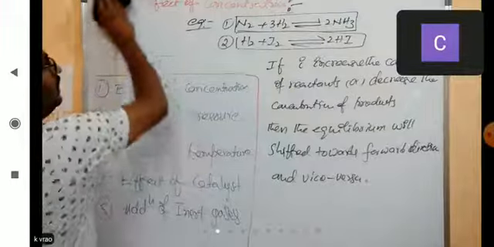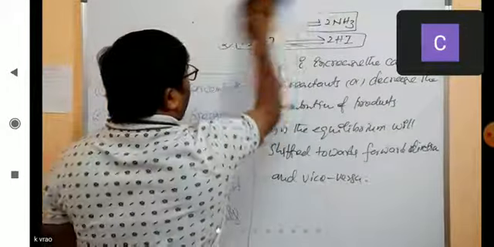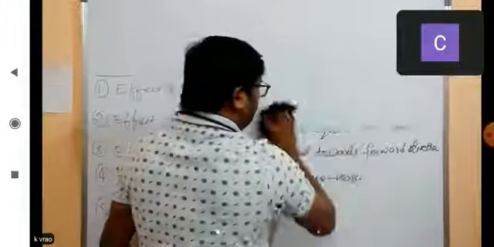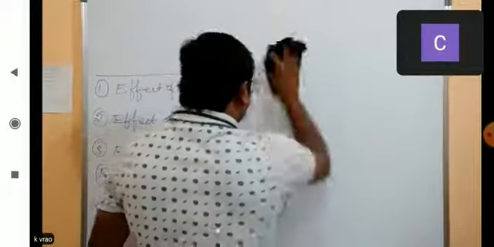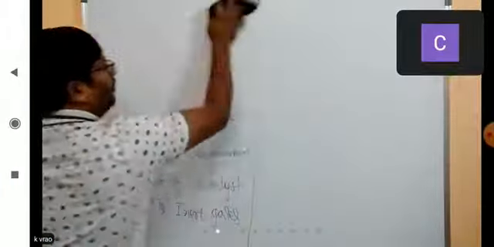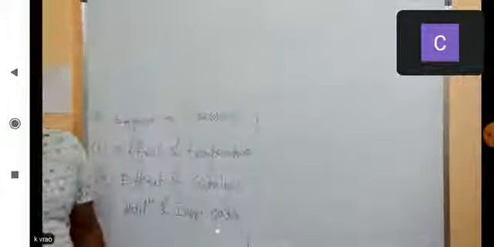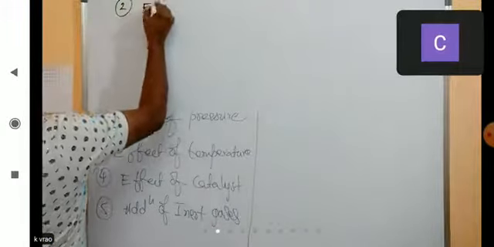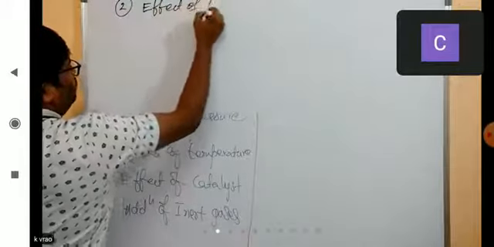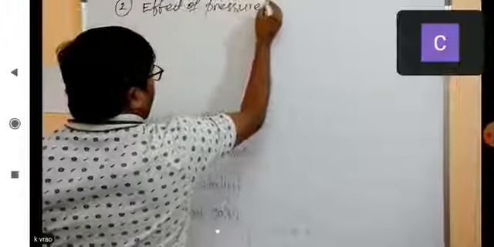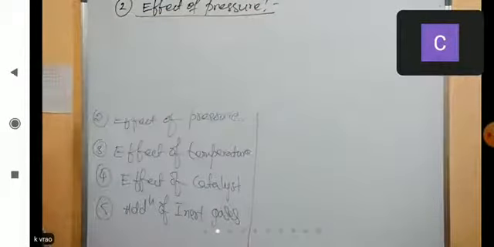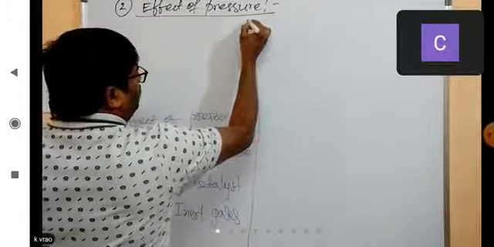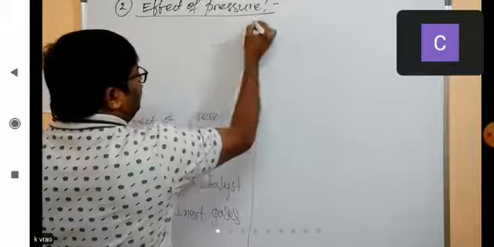Next, the effect of pressure on equilibrium. This is the second factor. In the effect of pressure, we consider the number of moles of the reactants and the products.